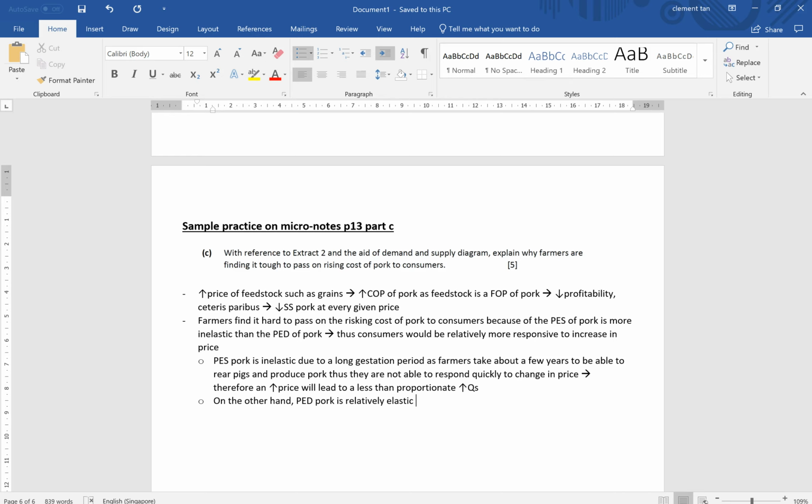Use substitutes: due to the availability of close substitutes such as other meat like beef and chicken, thus making consumers more responsive to changes in price.